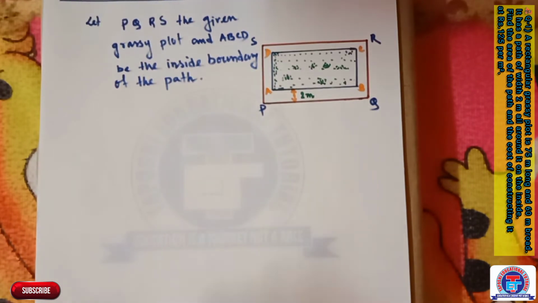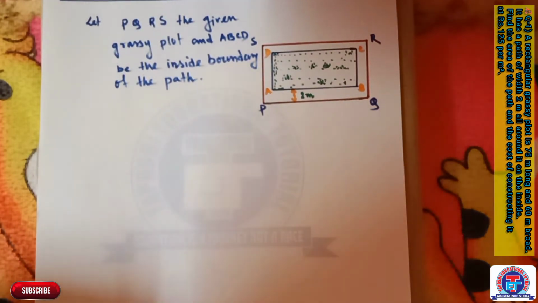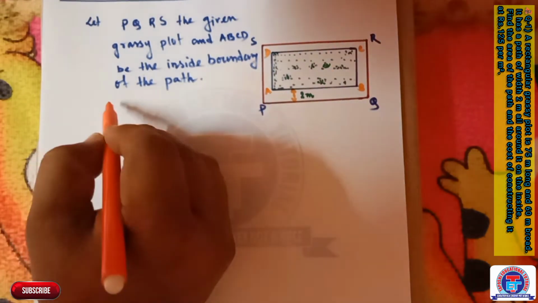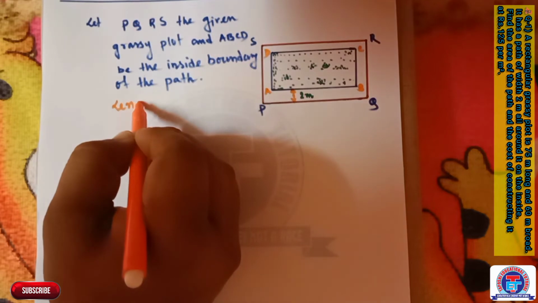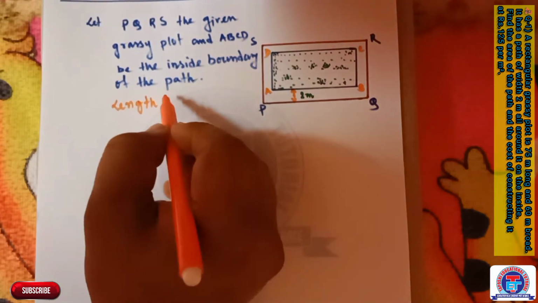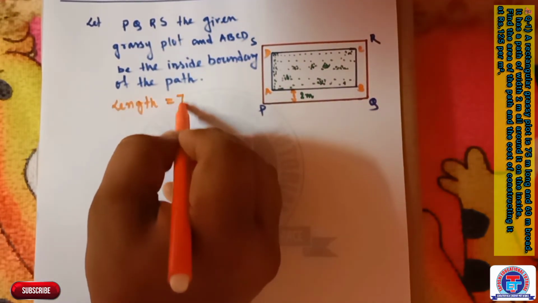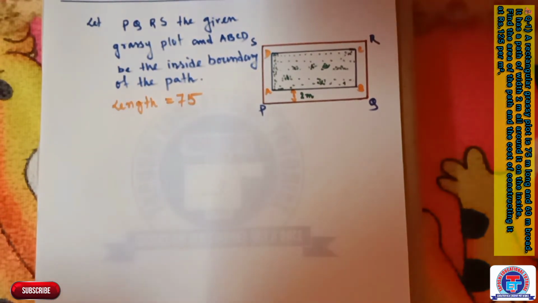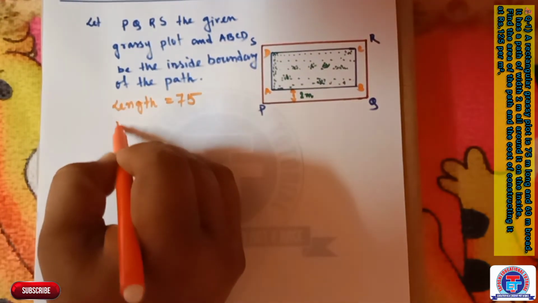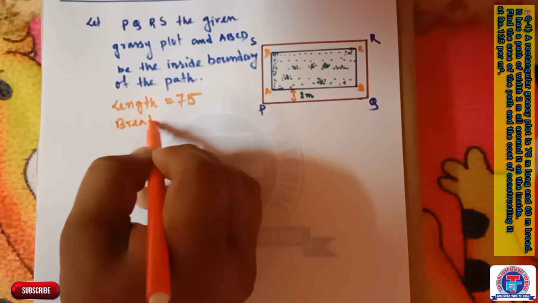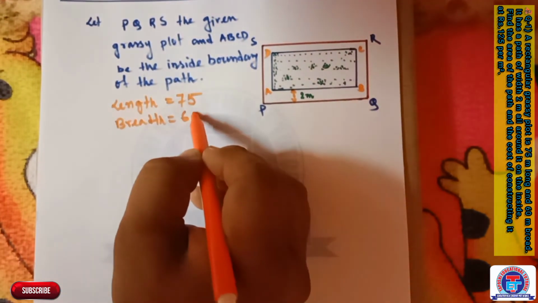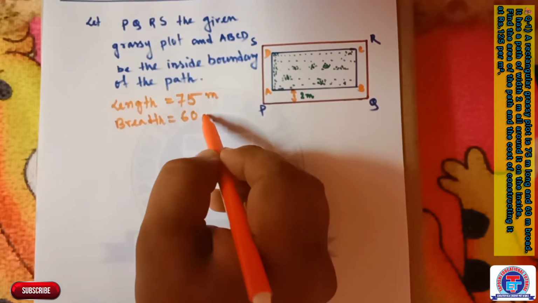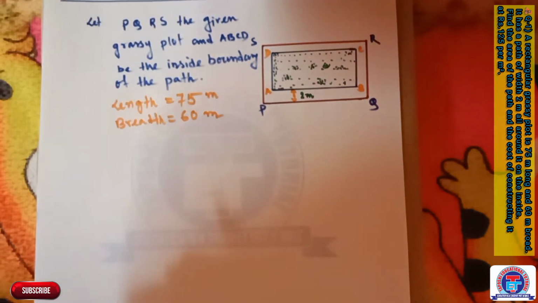Now dear student, here the length is given, so length is equal to 75 meters. Breadth is equal to how much? 60 meters, correct.